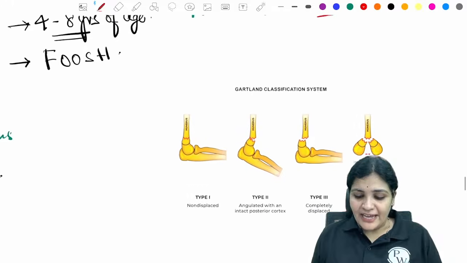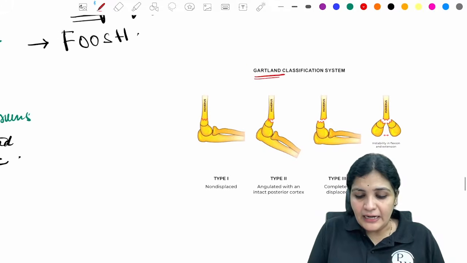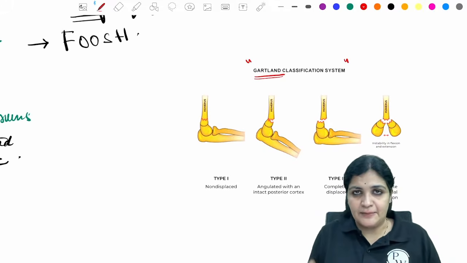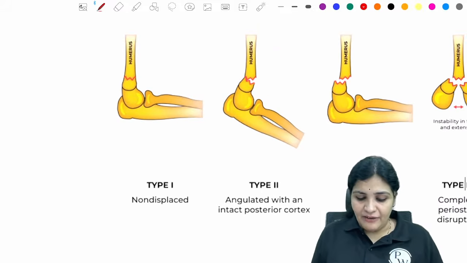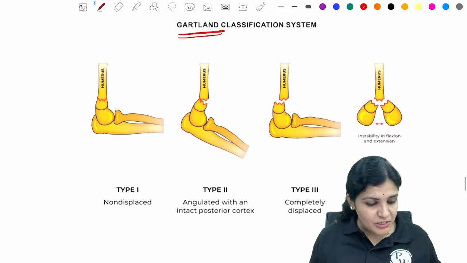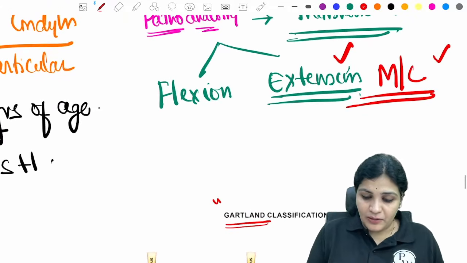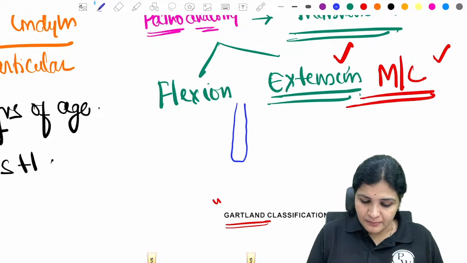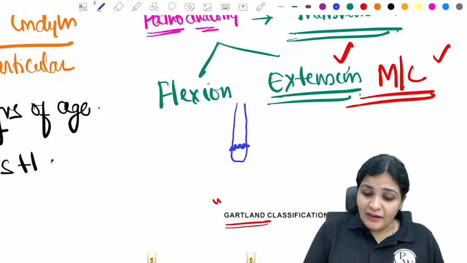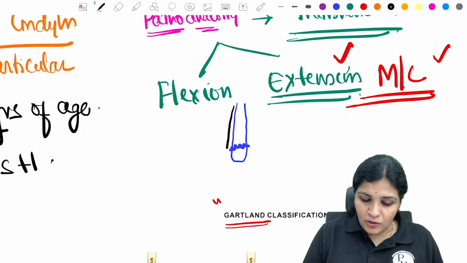And now we have a classification which is called the Gartland's classification system. In this classification, we have types, which are very easy for you. Now I'll tell you a little bit of pathoanatomy. This is your distal humerus, and it is covered by a periosteum.